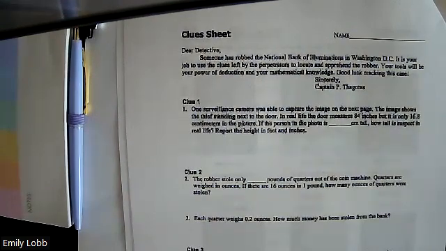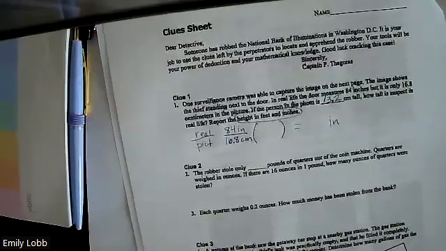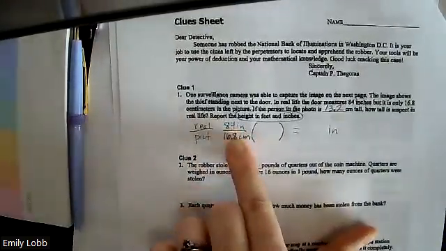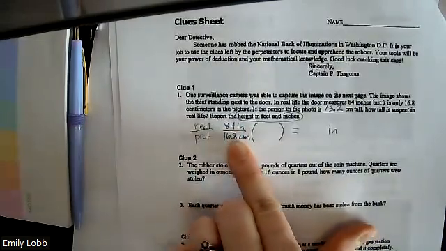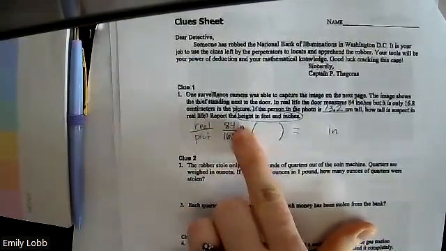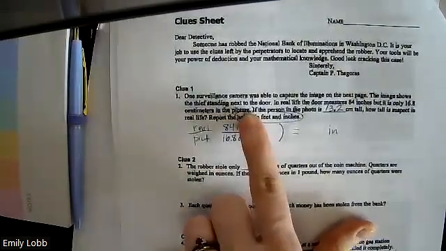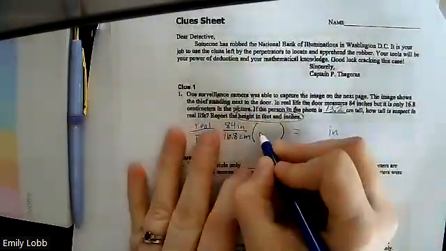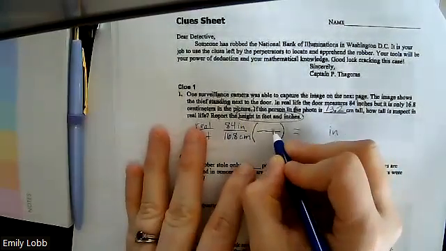So we are going to be using unit rates here. Okay. So we took real divided by reality, or real divided by the picture. And then what do we want?